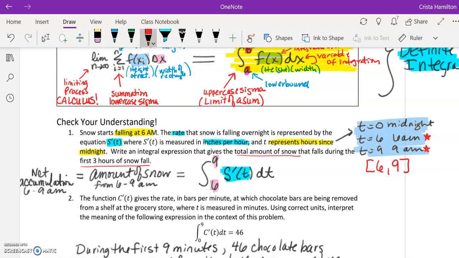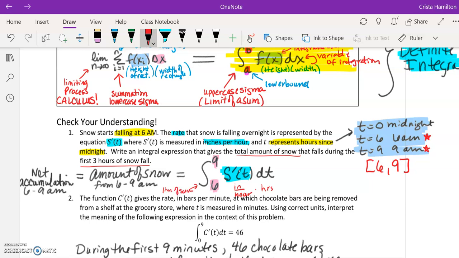Now, as we're looking at this, I did want to talk a little bit about units, because when we talk about the units, this can get a little confusing. But remember, the units of s prime of t are going to be inches per hour. And remember that the delta t, or the change in t, is going to be in hours. And we're summing up, remember this is the limit of a sum.